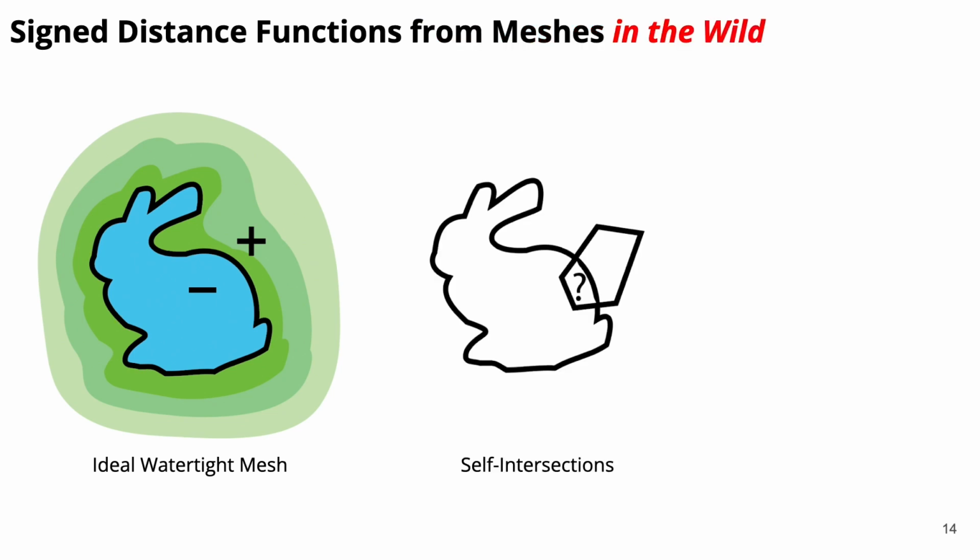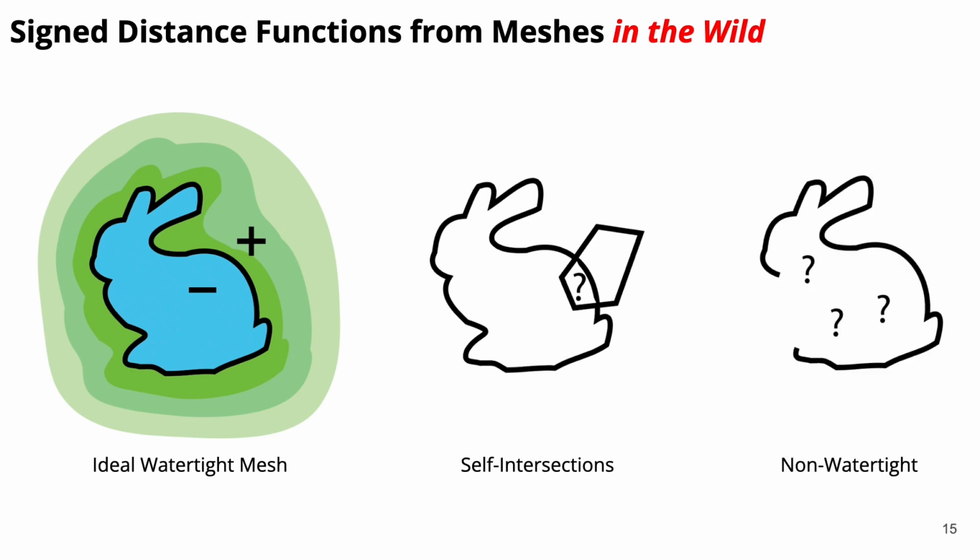For example, the mesh can have self-intersections that make the inside-outside classification ambiguous. For example, should the area within the intersected section be inside or outside? They can also be non-watertight, meaning they can have open borders, which also makes the inside-outside classification ambiguous.